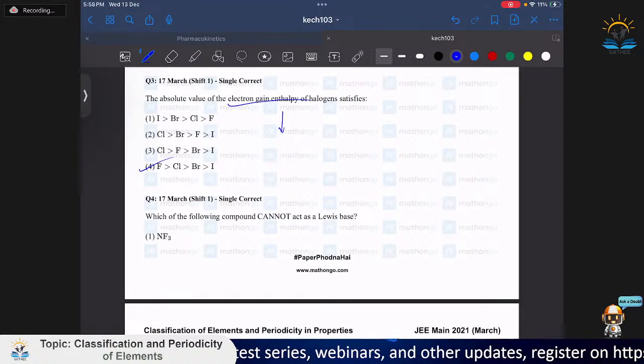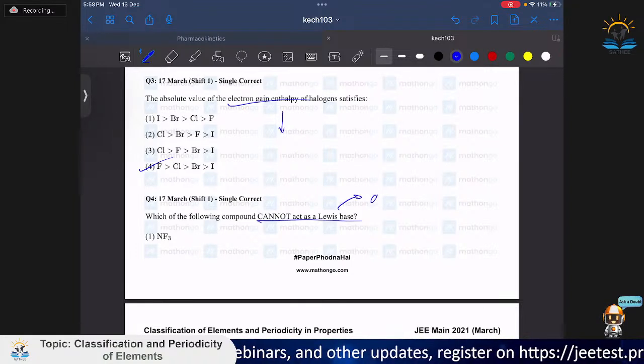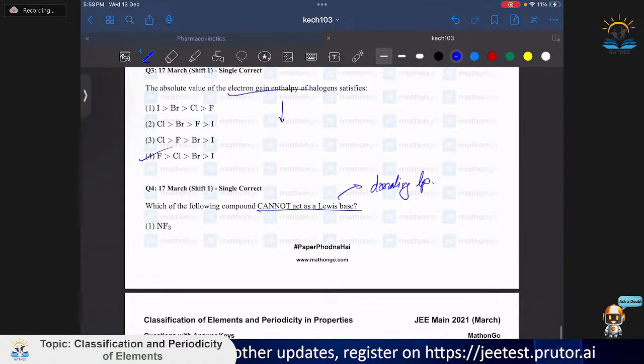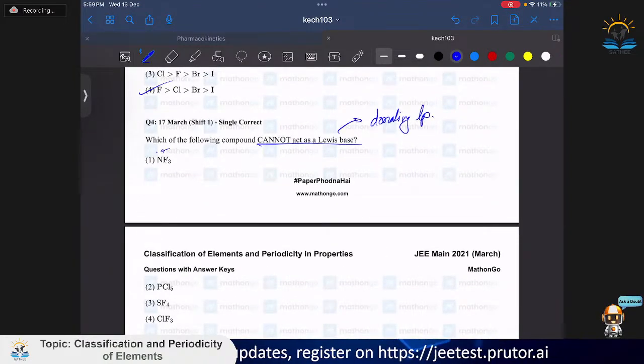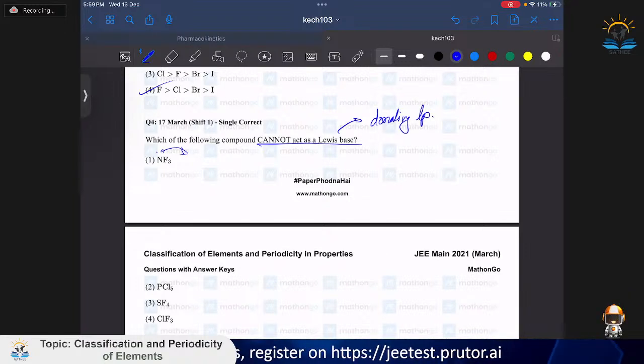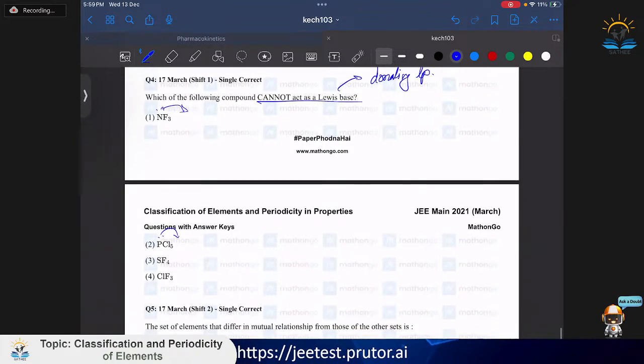Then, which of the following compounds cannot act as a Lewis base? A Lewis base is what? Donating a lone pair. Which cannot donate a lone pair? NF3 can donate a lone pair.